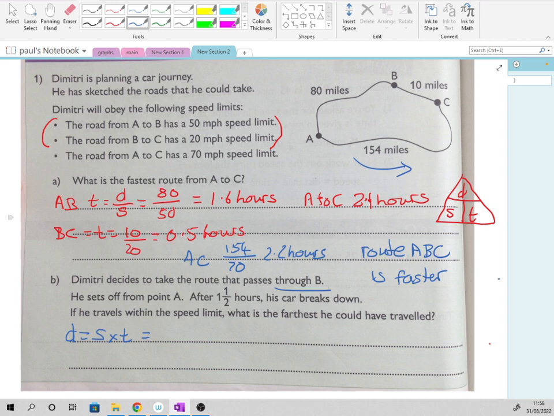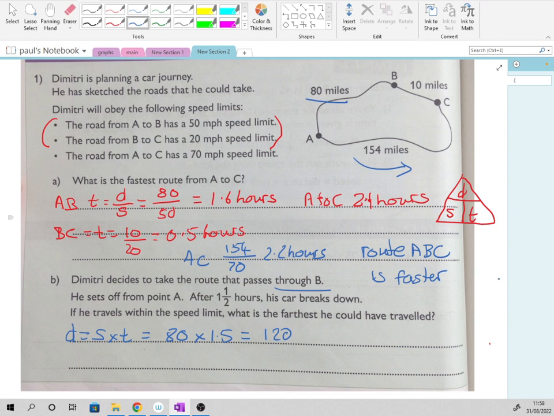Now, the speed on this one is 80 miles an hour, and the time is 1.5 hours. So 80 times 1.5 is 120. Ooh, hang on.